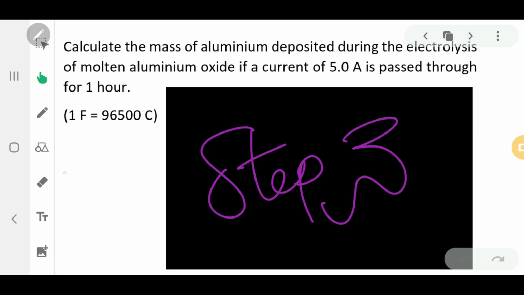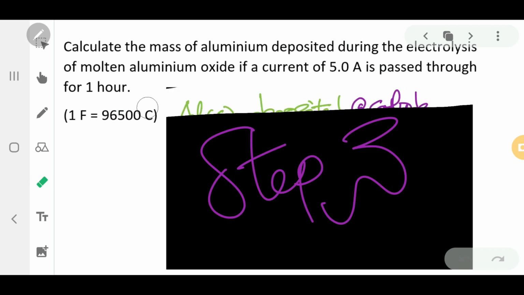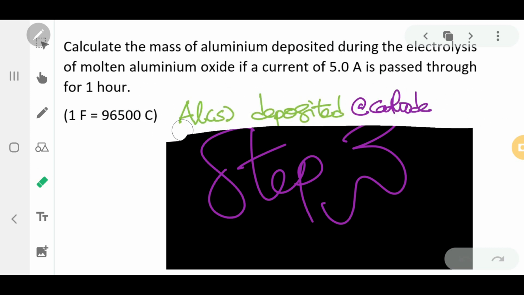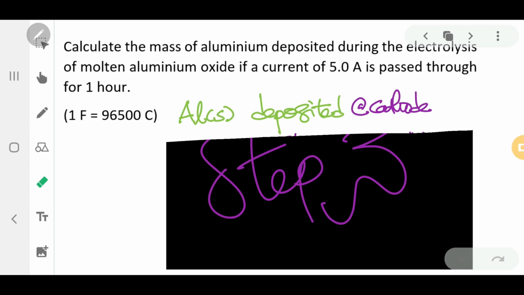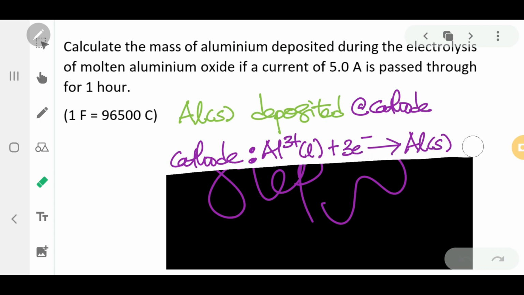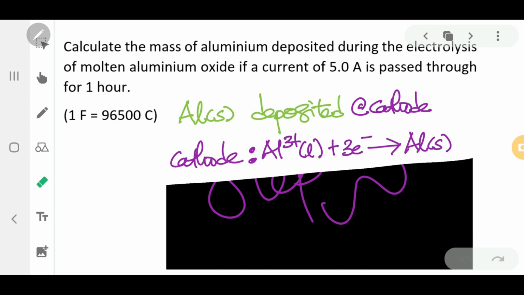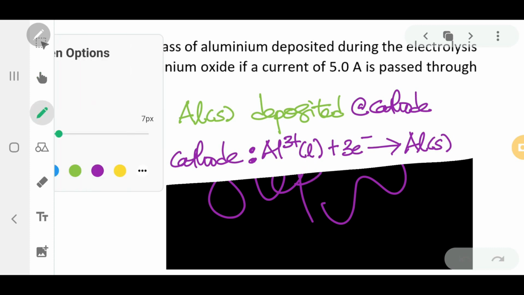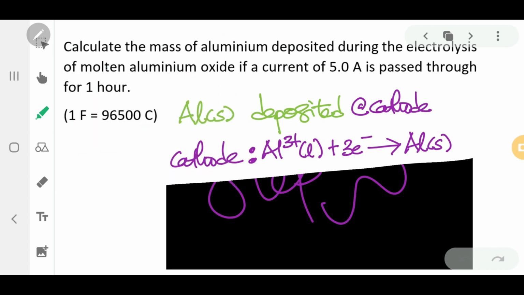In step 3, we need to take that information and compare with what we have here. We do know that the aluminium solid will be deposited at the cathode. So the cathode's half reaction will look like this. You're going to have aluminium 3+ in liquid form. Why is it in liquid? You need to remember that just now you have molten aluminium oxide.